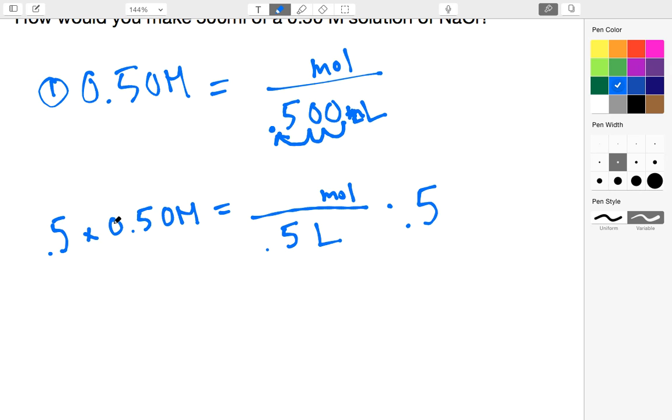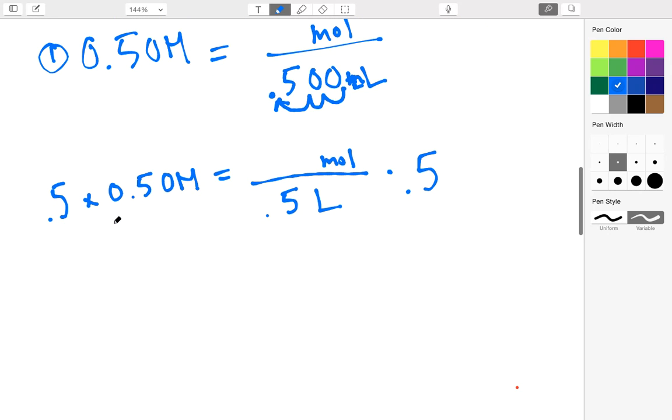That's a multiplication sign. So I'm just left with moles, because this cancels out. 0.5 times 0.5 is just 0.25 moles, which is how many moles I need.